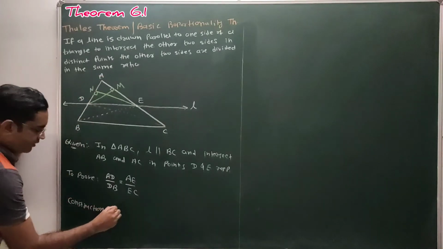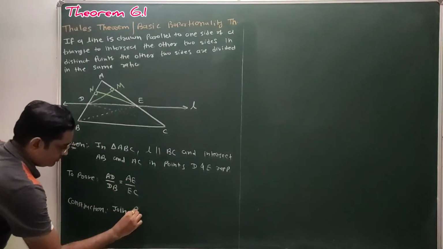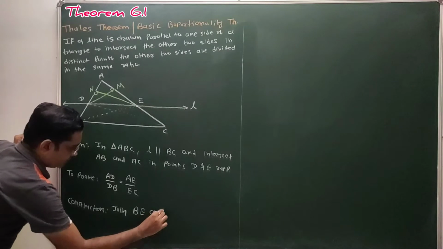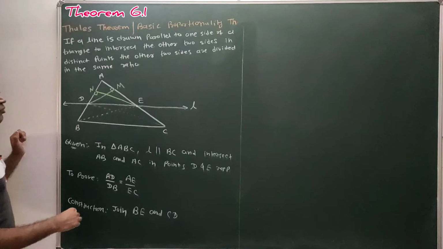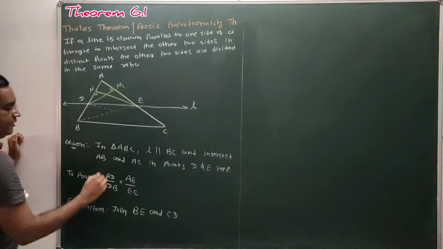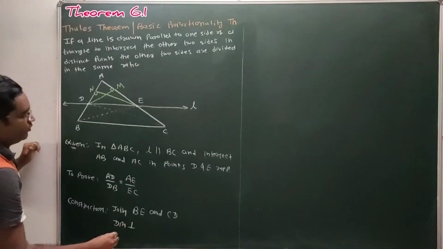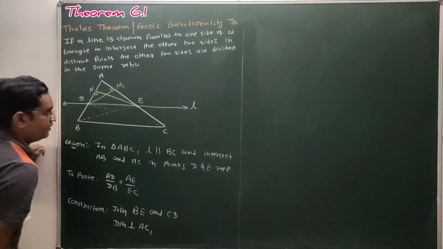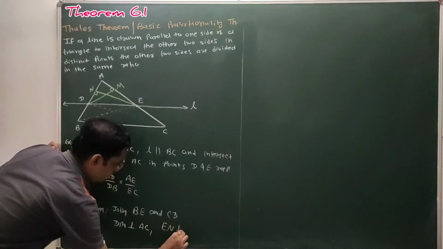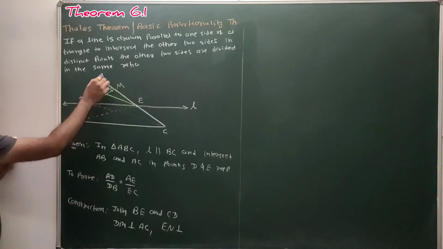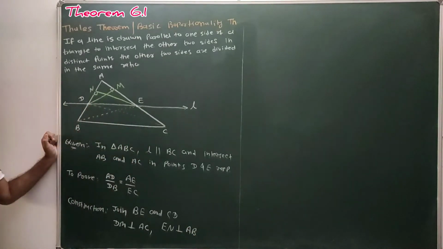So the construction is: join BE and CD, and draw two perpendiculars, DM perpendicular to AE, or you can say AC, and EN perpendicular to AD or AB. These are the constructions.